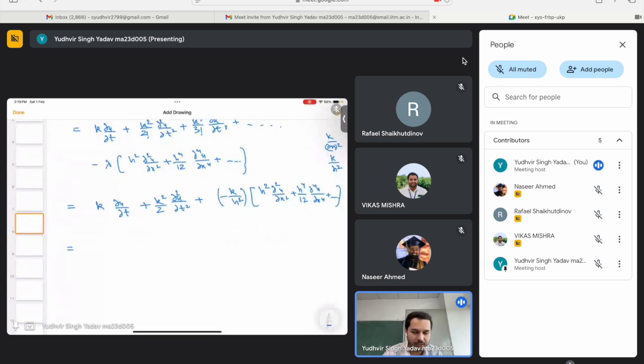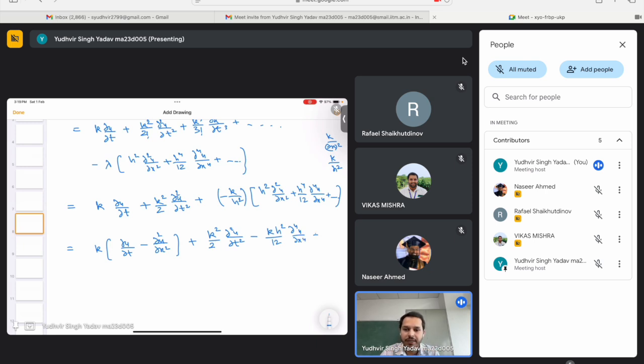If you note, from the first term and the fourth term, we will have k common, and del u by del t minus del 2u by del x square. And from here we have k square by 2 del 2u by del t square minus k h square by 12 del 4u by del x to the 4, and so on.